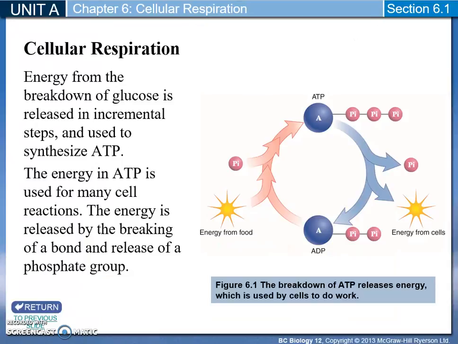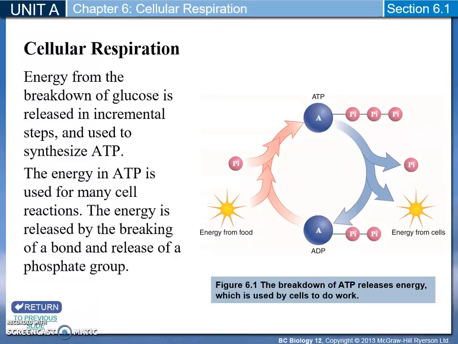With cellular respiration, the energy from the breakdown of glucose is released in incremental steps, and it's then used to synthesize ATP. The energy in ATP is used for many cell reactions, and the energy is released by the breaking of a bond and release of a phosphate group, which we looked at previously.